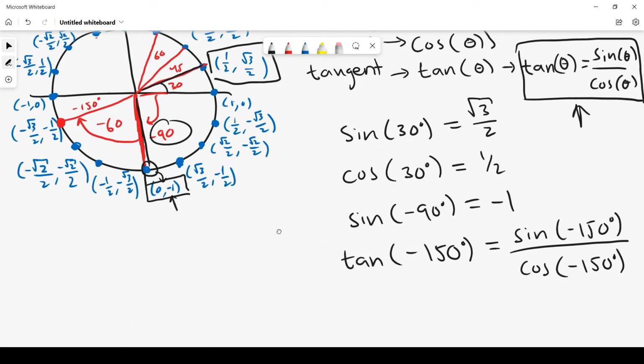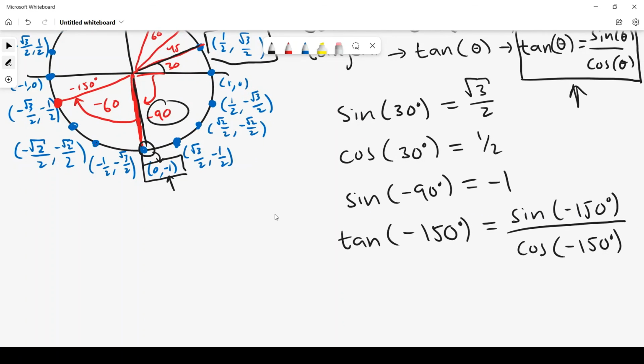And then keeping both of these in view right here, the sine is our y value. So we're looking at this point right here. And for our y value, we have -1/2 divided by cosine of negative 150. That is our x value, negative square root of 3 over 2.